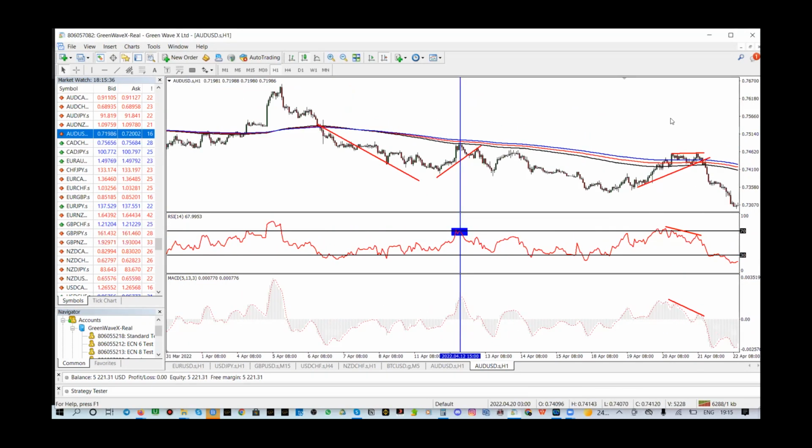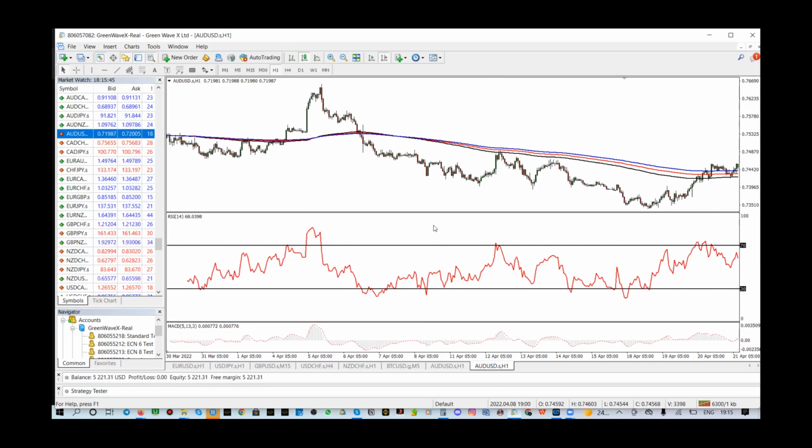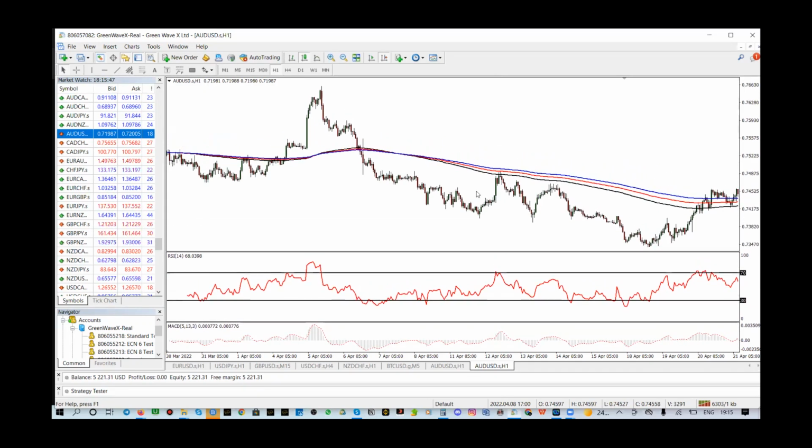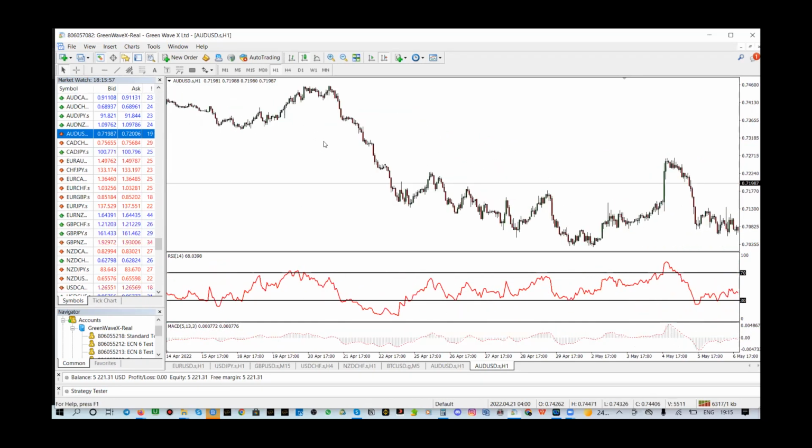Now that's just one method. It doesn't really mean you have to use the band, because you might actually be missing trades here. Whether you want to get more trades or not, the band is just to support you.